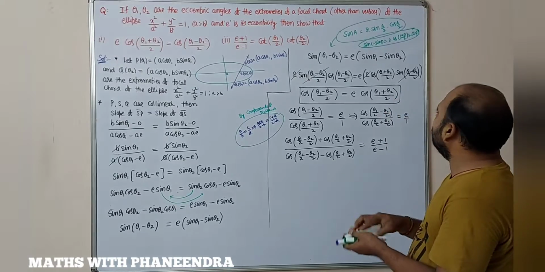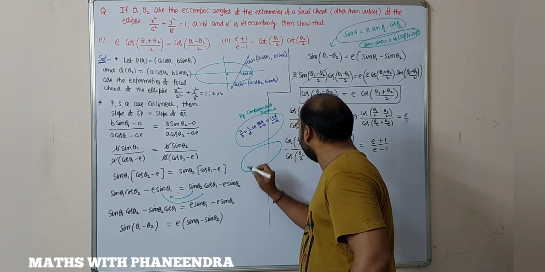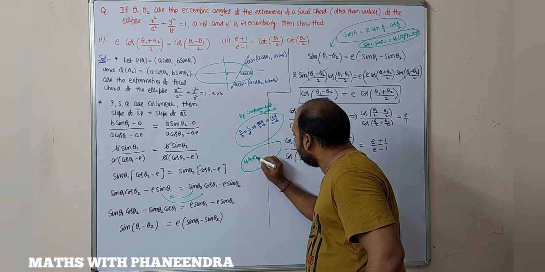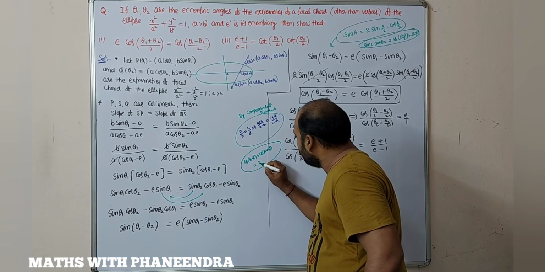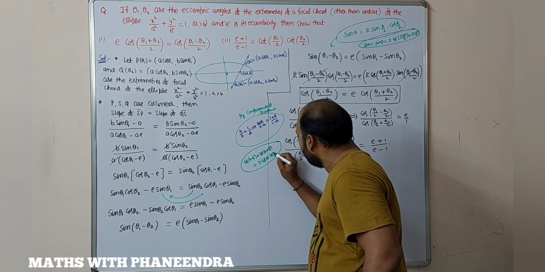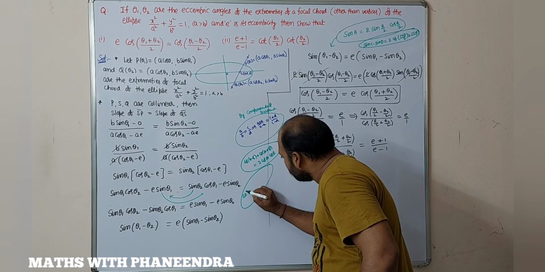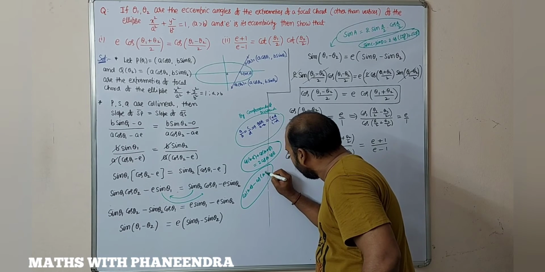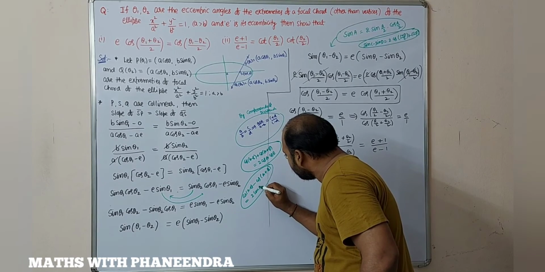In every term trigonometry formulas are required. Still I am writing for some students' convenience. Cos (a minus b) plus cos (a plus b) is equal to 2 cos a cos b. Another set, cos (a minus b) minus cos (a plus b) is equal to 2 sin a sin b.